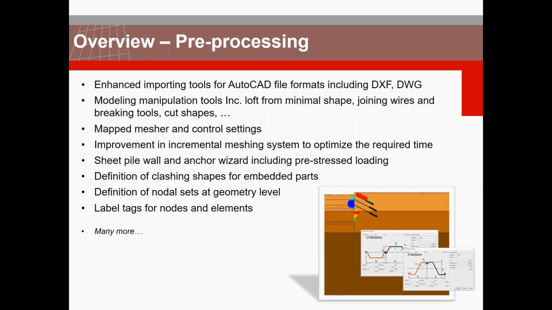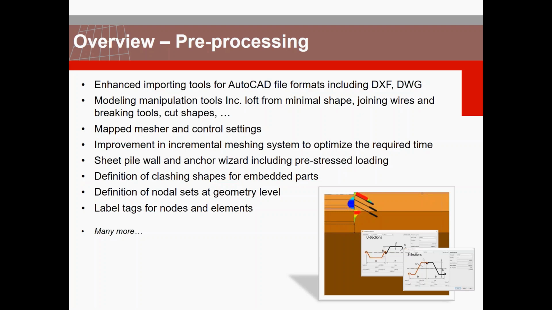So we start with the features which are available in pre-processing. Here is an at-a-glance overview of some of the features that we have. We have enhanced and improved our AutoCAD reader to handle a more complex and advanced set of geometries and topologies.